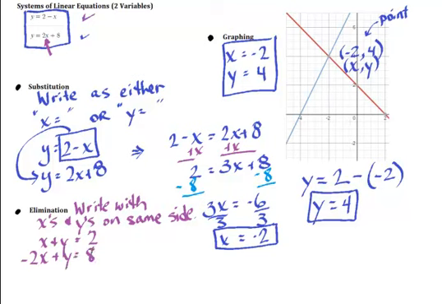So now what I'm supposed to do is look at these two and try to figure out which variable would be easiest to eliminate. I need at this point to eliminate one variable, and you get to pick whichever one you think would be easiest to do.